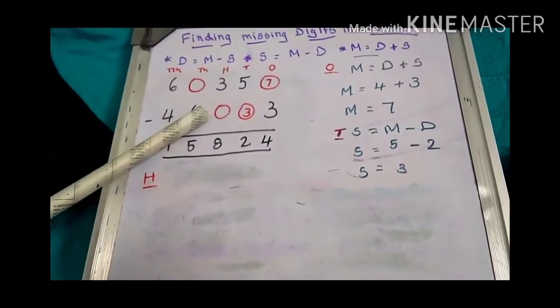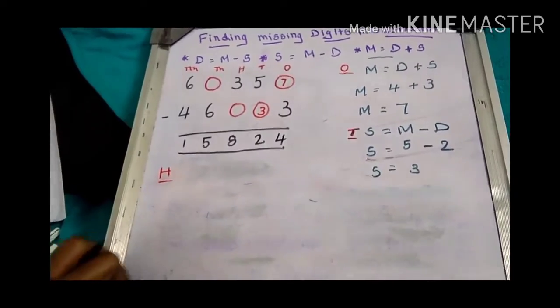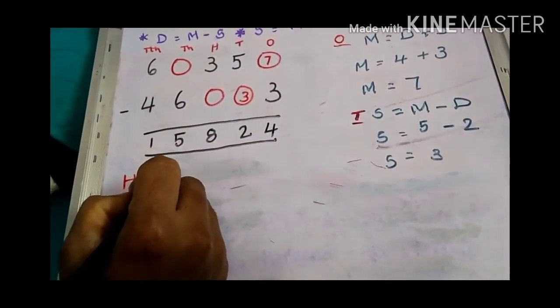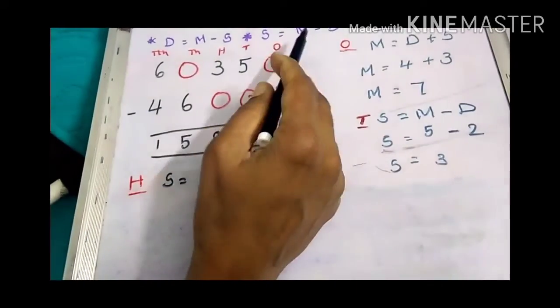Now to find the missing one in the 100 place, that is the subtrahend.